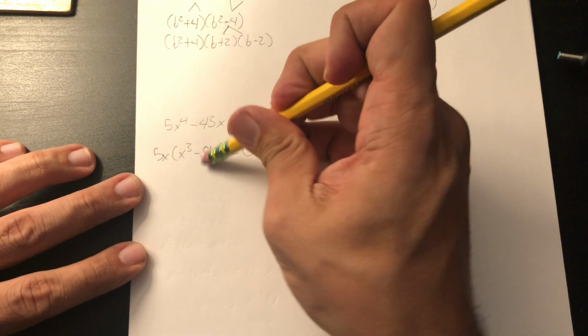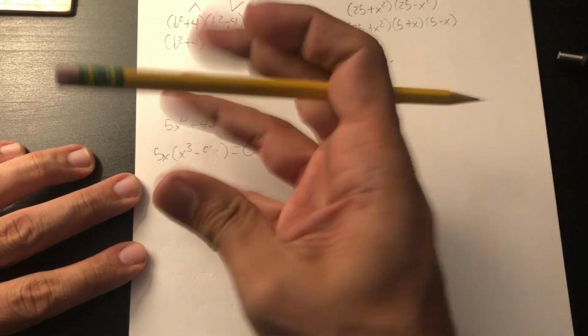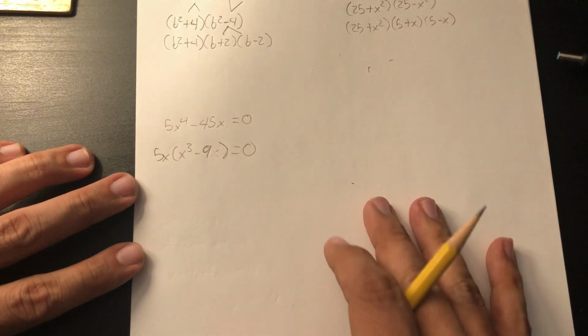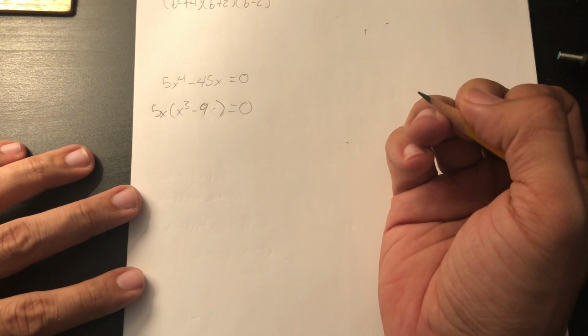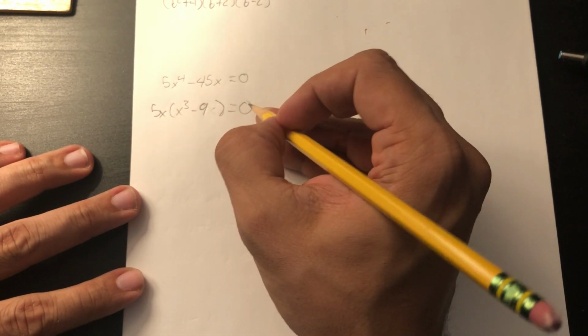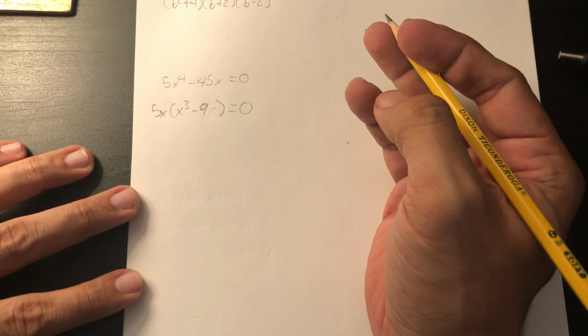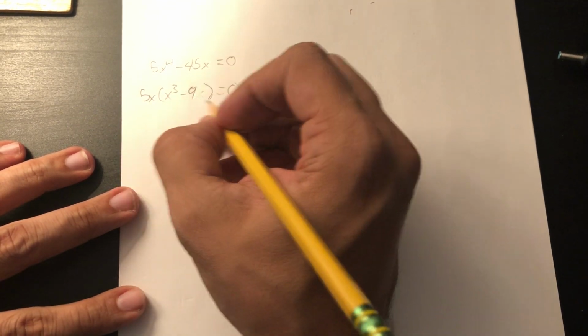Oh, 9, just 9. Okay, just 9. So, when does this equal 0? When this equals 0 and when that equals 0. Okay? So, I made this one up and now I'm regretting it.